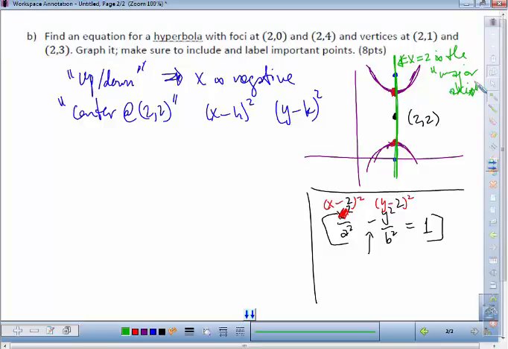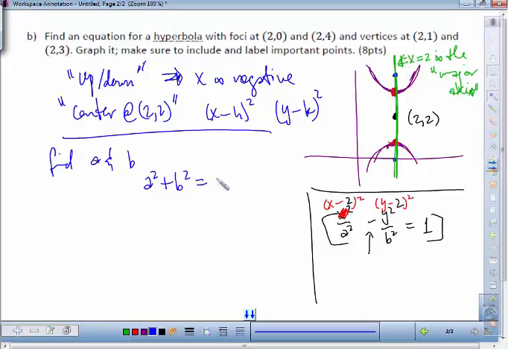So I don't know what the formulas are for this. Anybody know? Yeah, finding a, b, and c. So a squared plus b squared is equal to c squared. Is that right, or is that for the ellipse? Okay. All right. So we need to know what c is equal to.